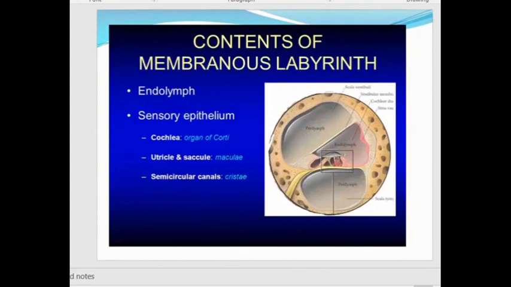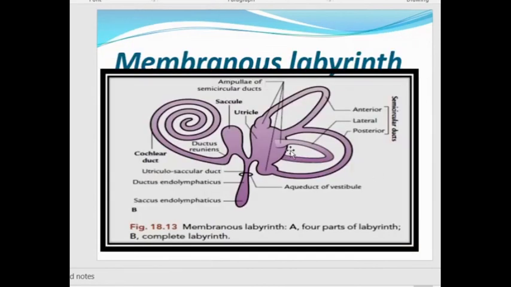Now, if we have a cut through the labyrinth, we will see the membranous labyrinth. طبعا membranous labyrinth هو مجموعة من التيوبس موجودة داخل البوني labyrinth. هاي semicircular ducts، هاي cochlear duct اللي ملتفة again 2.5 turn, and this the vestibule has got two parts, the saccule and the utricle. اليوتريكل يشبه اليوترس، ولذلك شوف السيميسيركل كانالز تنتهي بي التيوبس.